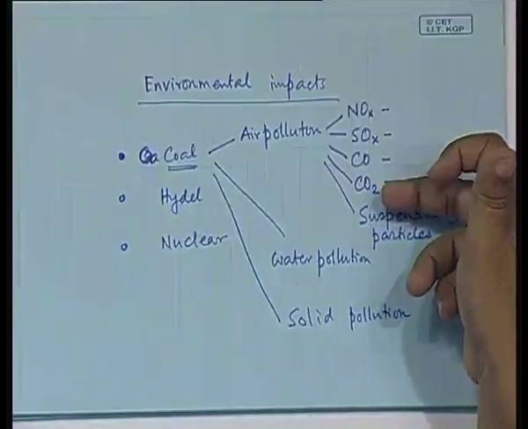As a result, you have the global warming problem. The global warming problem is produced by certain gases, out of which methane and carbon dioxide are considered to be prime culprits, and there is no way to avoid production of carbon dioxide if you use coal for power generation. So that is one of the major problems.